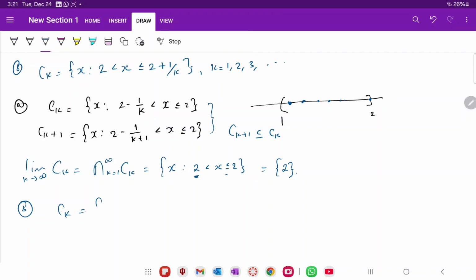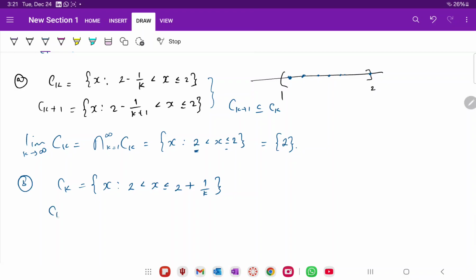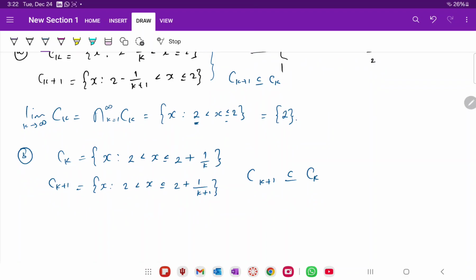Okay, so for B, we have C_k to be x such that 2 is less than x less than or equal to 2 plus 1 over k. So obviously this is also non-increasing. Why? Because C_{k+1} is a subset of C_k. You can also test that by checking for k equals 1 and then k equals 2. So you have something like this.